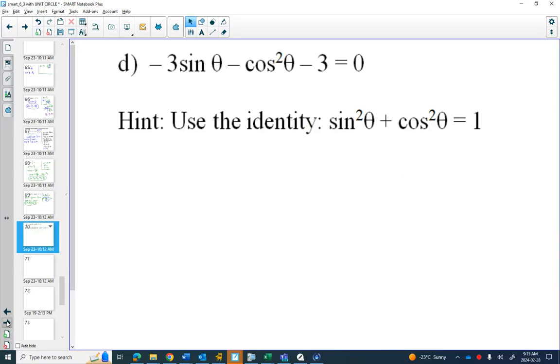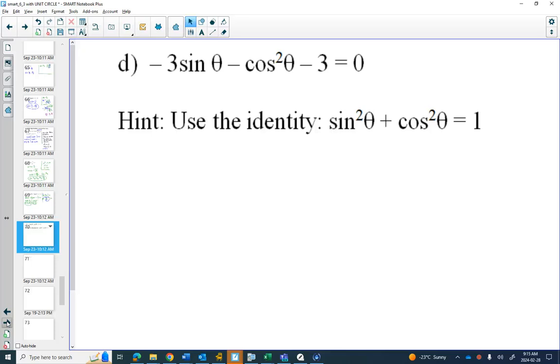Sometimes you're going to get questions that have sine and cosine in the same question. Initially, this is technically impossible to solve because it's like trying to solve one equation with x and y. You can't solve that equation because you have two variables and only one equation.